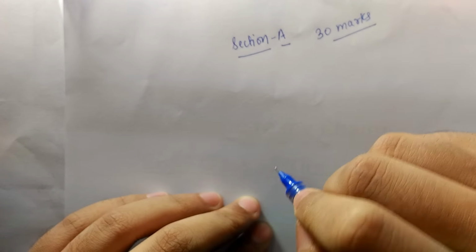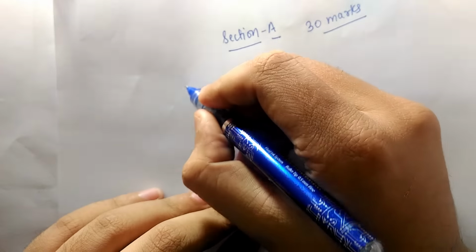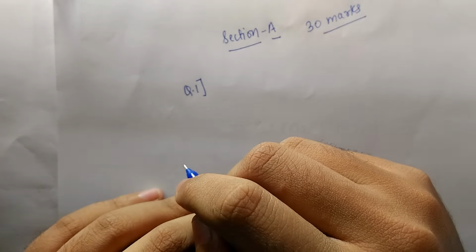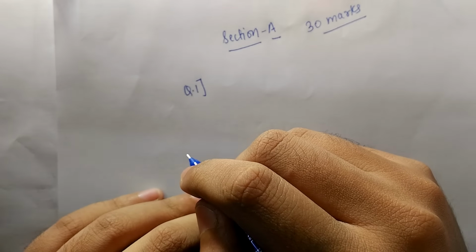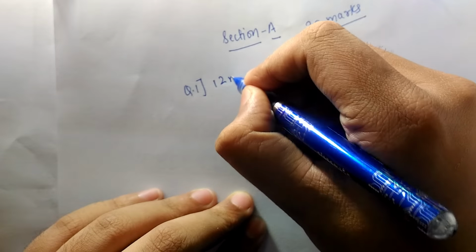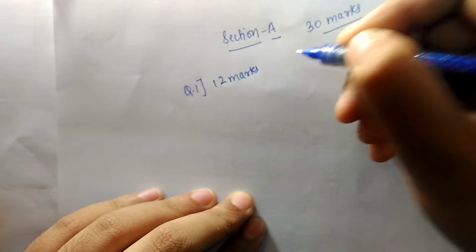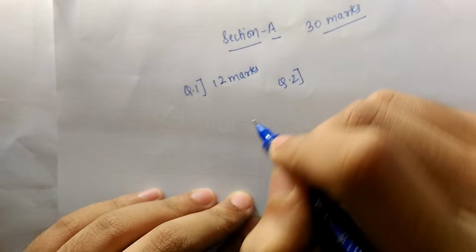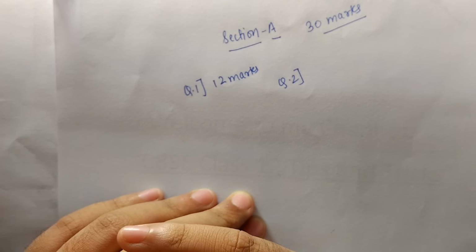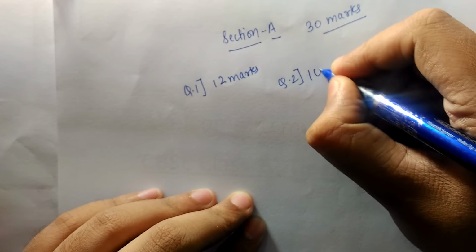It is further divided into three questions. Question number 1, which is your unseen passage number 1, which is generally of 1000 to 1200 words. It is of 12 marks. Your second question, which is again an unseen passage or poetry, is of nearly 600 to 700 words and carries 10 marks.